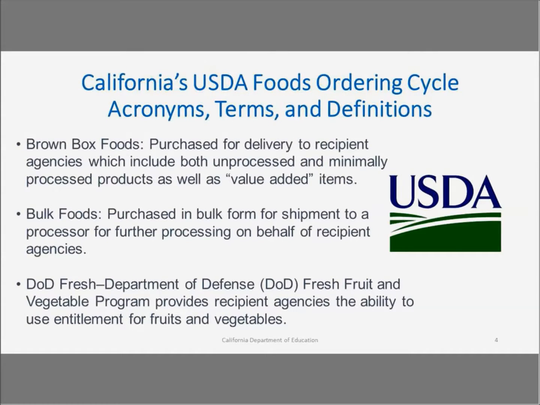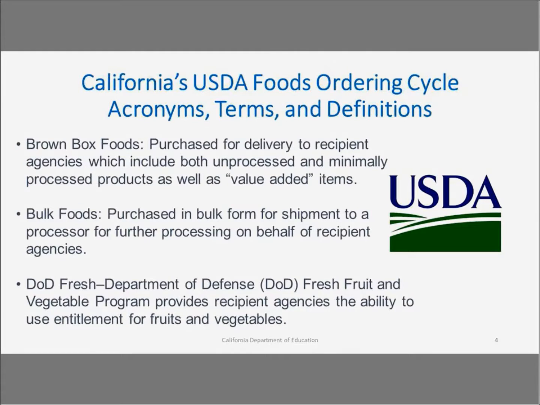Brown box foods are products which the USDA purchases for delivery to recipient agencies. Brown box items include both unprocessed and minimally processed products, as well as value-added items. Unprocessed or minimally processed items include items like canned or frozen fruits and vegetables, frozen ground beef, cut-up chicken, and brown rice.